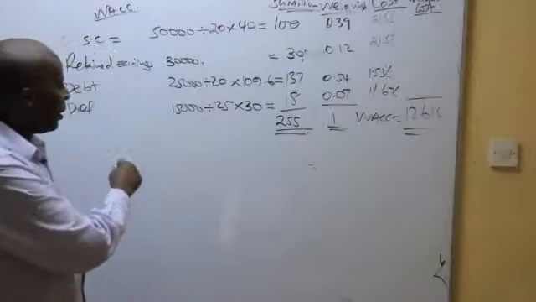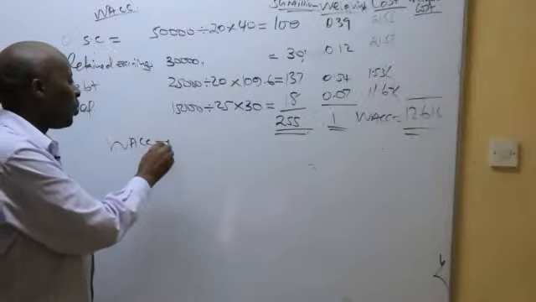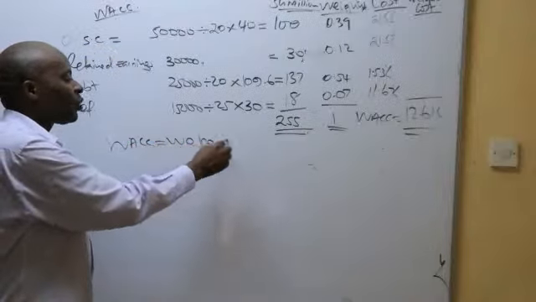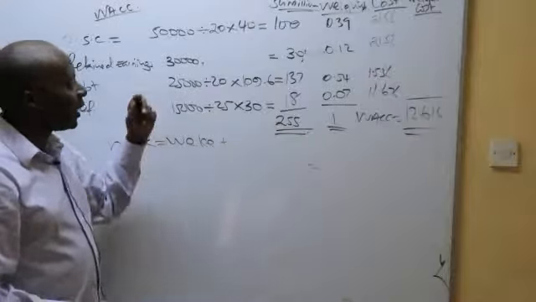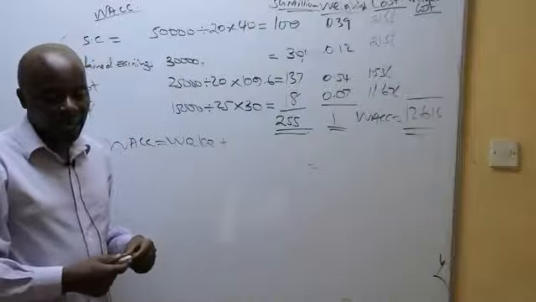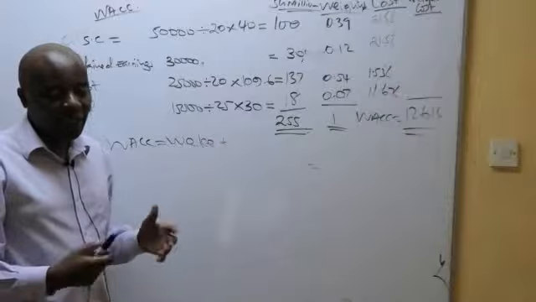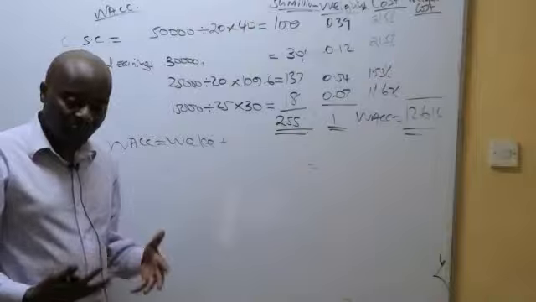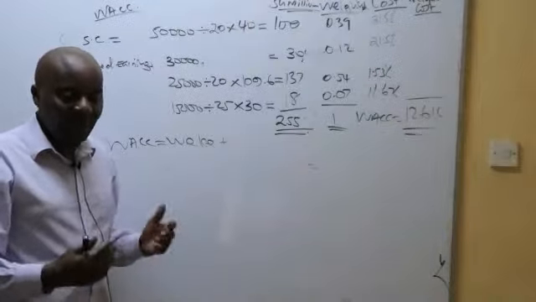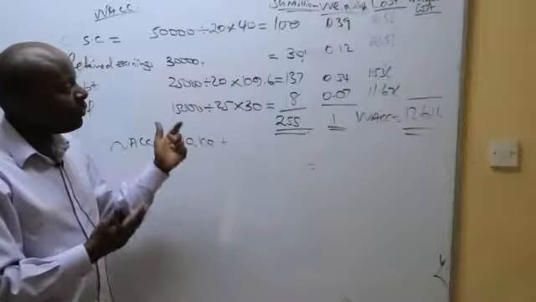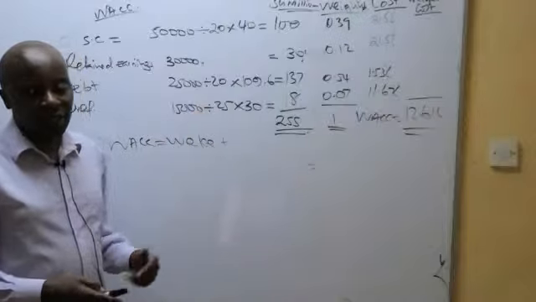Because if you remember, how we normally get WACC is weight of equity times cost of equity plus the rest. I'm so sure most of you omitted the retained earnings, but the better approach, of course you are right, I told you there are two answers to this. You are right, but the better approach is to include everything.